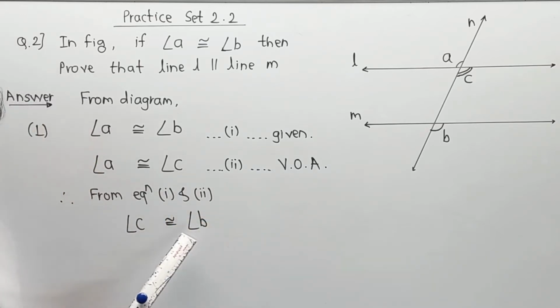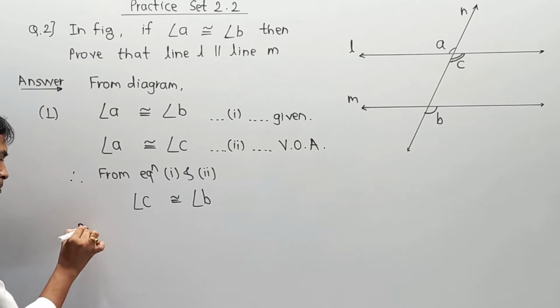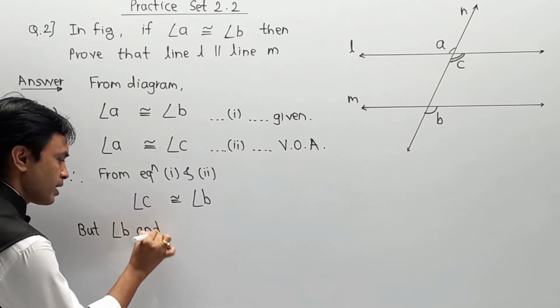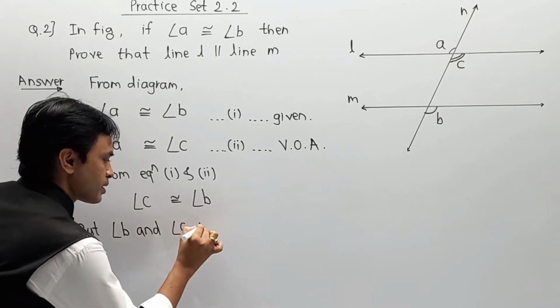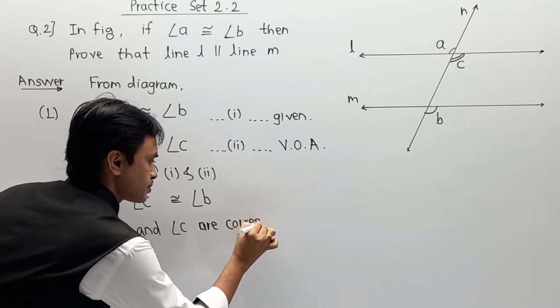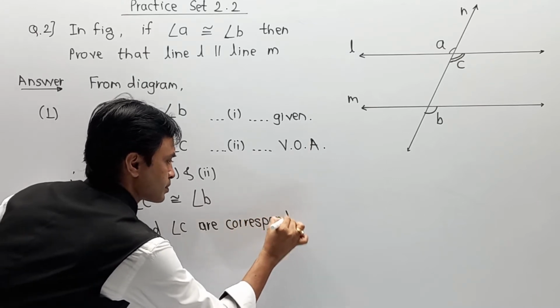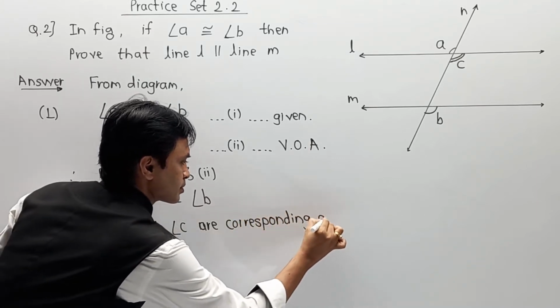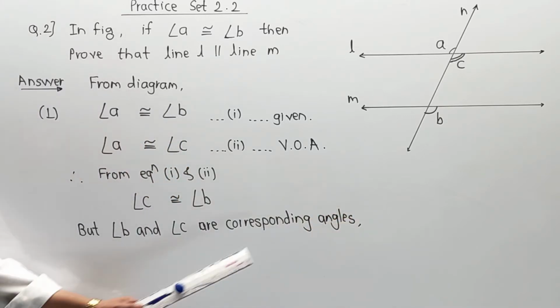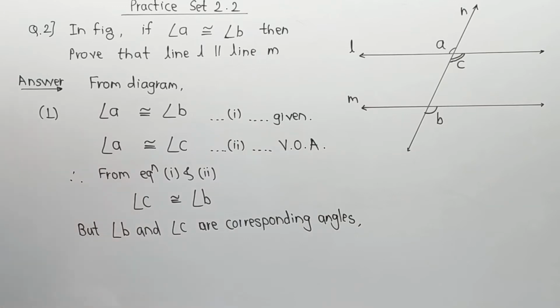As angle C is congruent to angle B, but these are nothing but a pair of corresponding angles. Angle B and angle C are corresponding angles. And as corresponding angles are congruent, the lines are parallel.